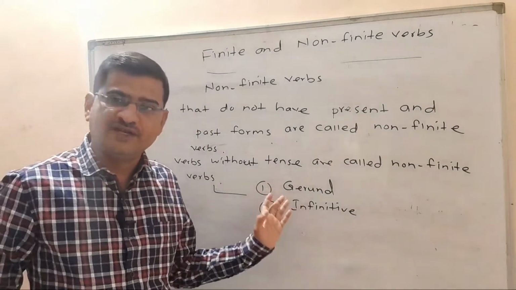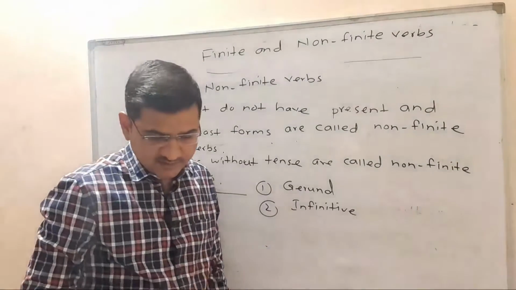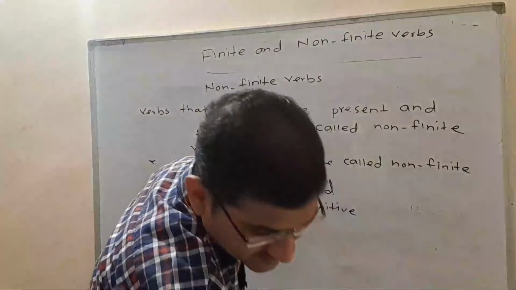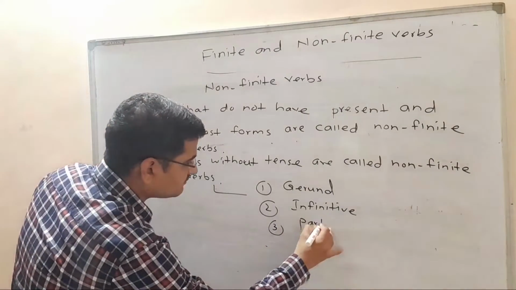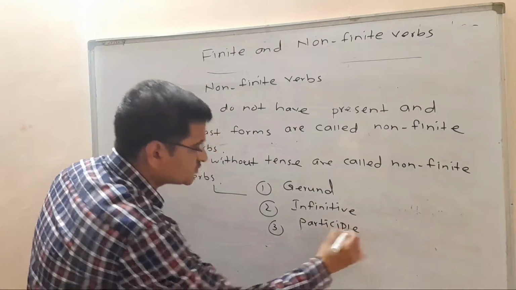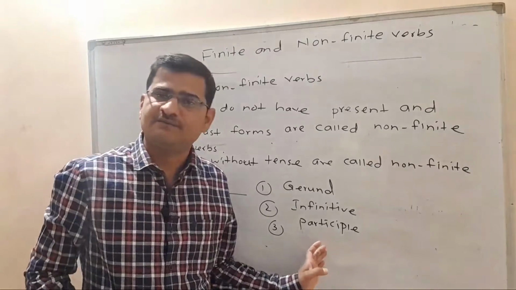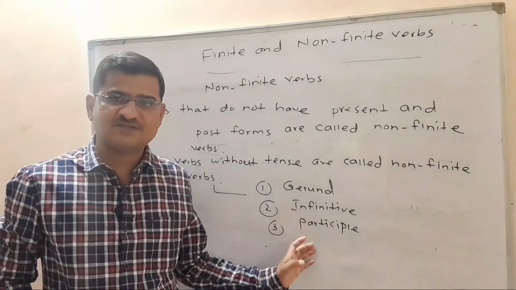Second one is infinitive. And the third one, try to understand, is participle. That participle can be present participle or past participle.